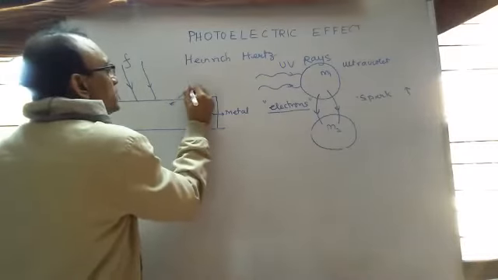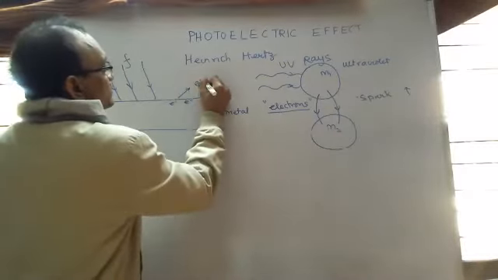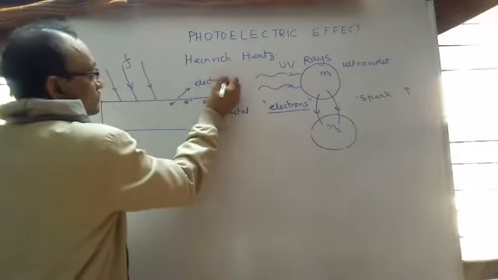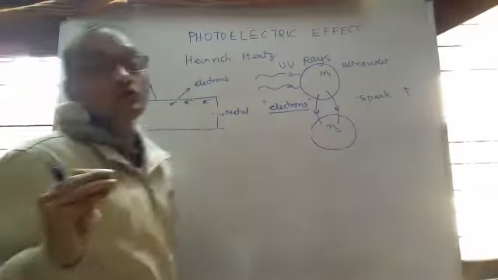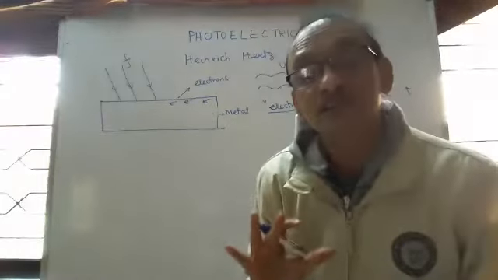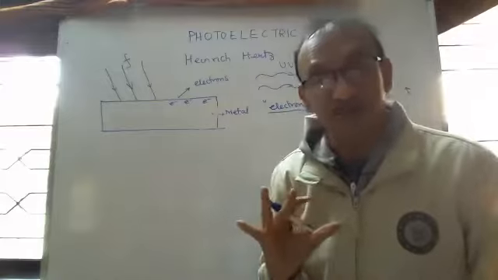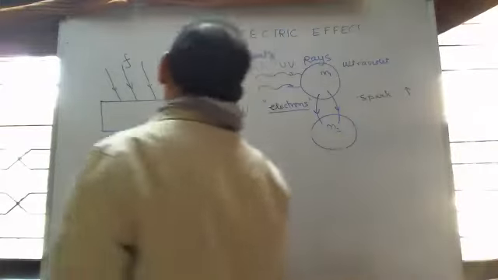There could be liberation of electrons from the surface. This effect was essentially the photoelectric effect. However, there is more to it than just this.